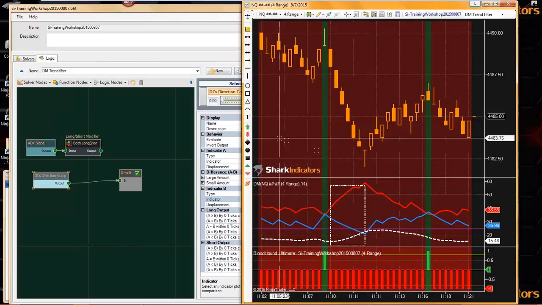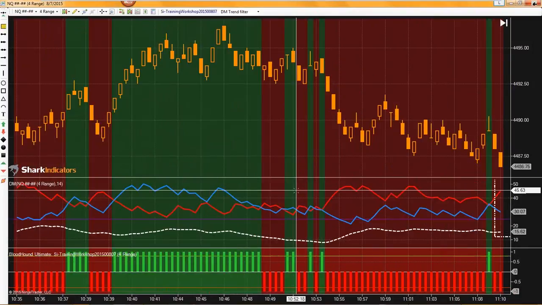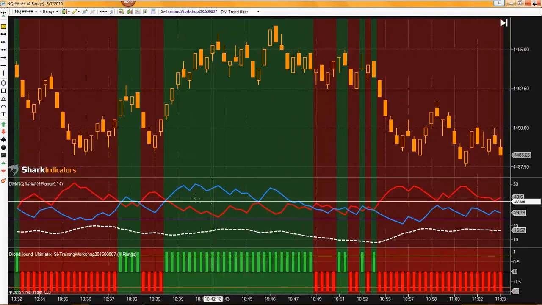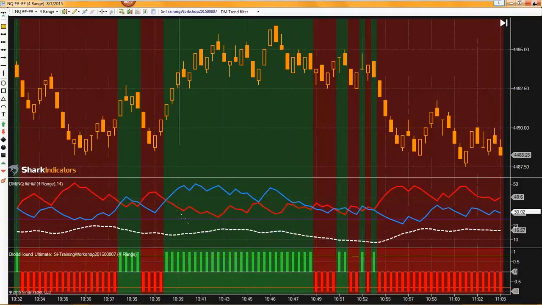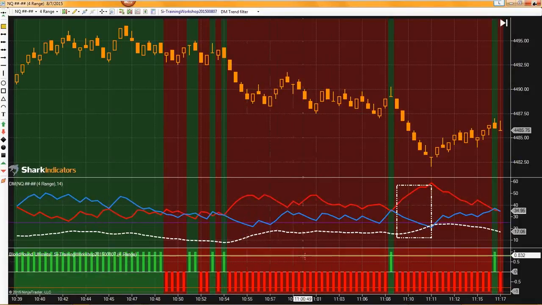And there we go. You can see when the DI plus is on top, we're in a long trend, so we're getting a long output. And when DI minus is on top, we're getting a short output.